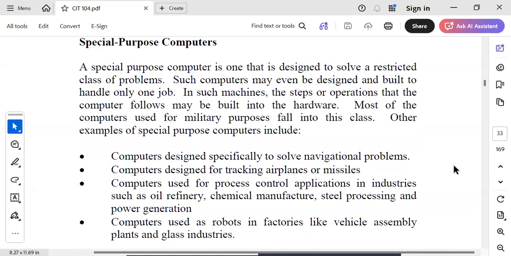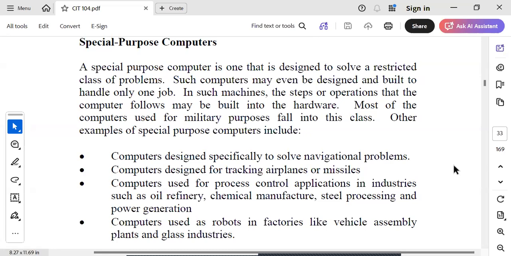With the little knowledge I have, there are some computers designed for some specific aspects, such as robotic purposes in making, tracking, and launching of missiles, and then producing of chemicals and so on, sir.